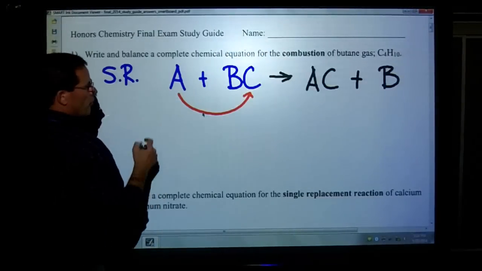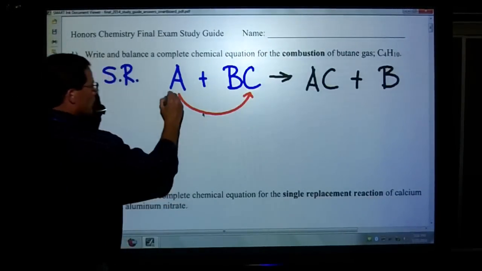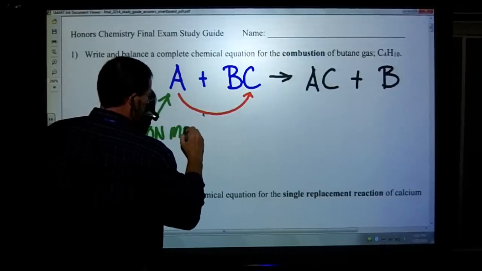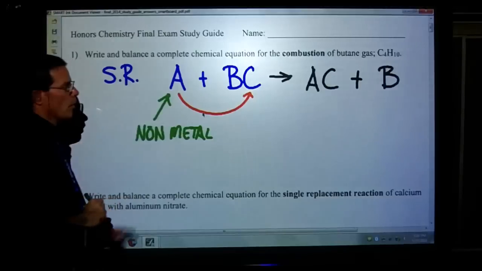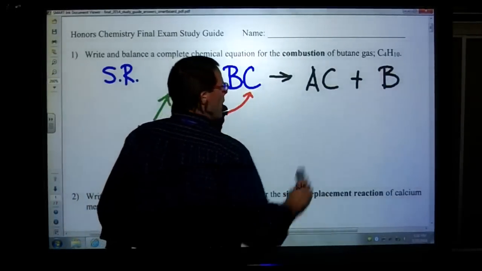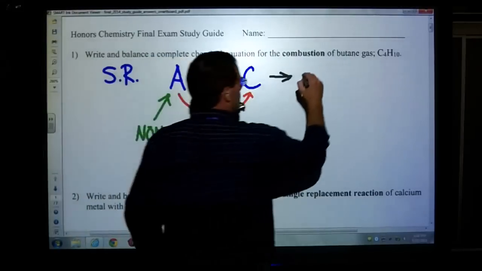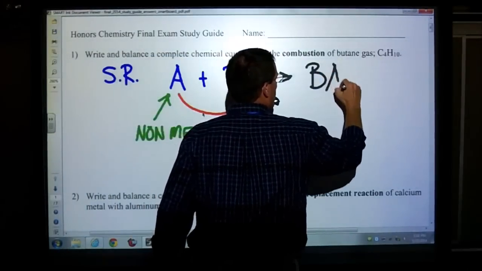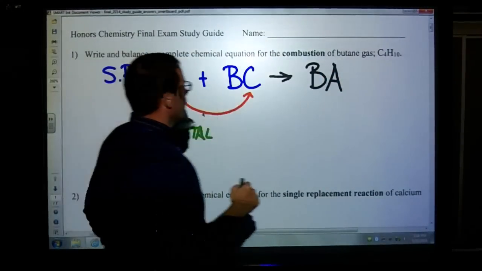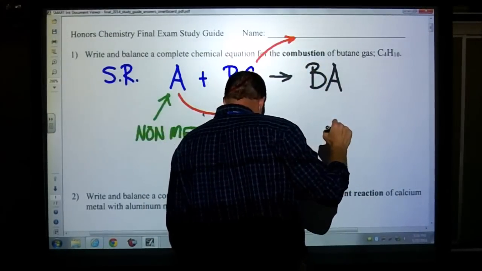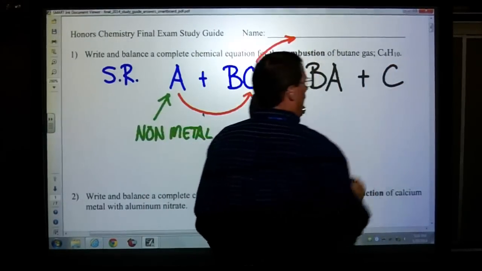So in this case, if A were a non-metal, then on the product side, we would not have this, but we would still have B as our metal, and A would be taking the place of C, and C would be kicked out, so we would have this reaction.